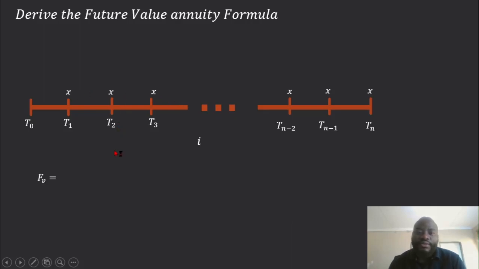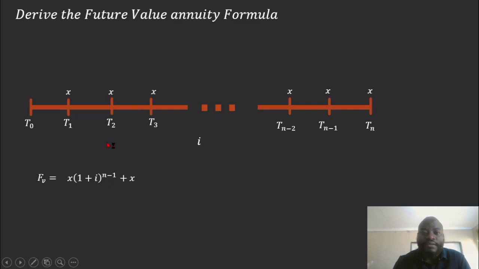So we have FV equal to x multiplied by (1 plus I) to the exponent n minus 1. So this is this value here. It has moved from here n minus 1 number of periods, so we have n minus 1 as the exponent.